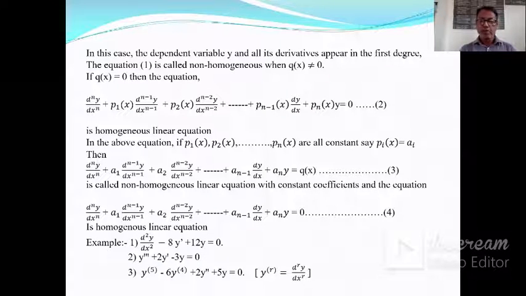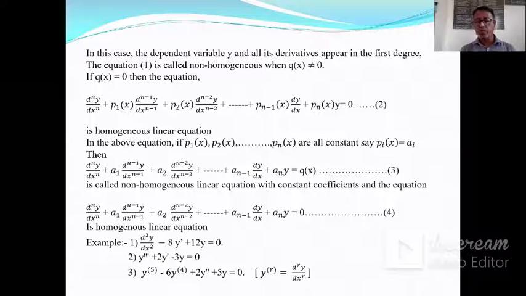Now see here, the first example is d^2y by dx^2 minus 8 dy by dx plus 12y is equal to 0. Or we may write the differential equation in another notation, as y''' plus 2y' minus 3y is equal to 0.